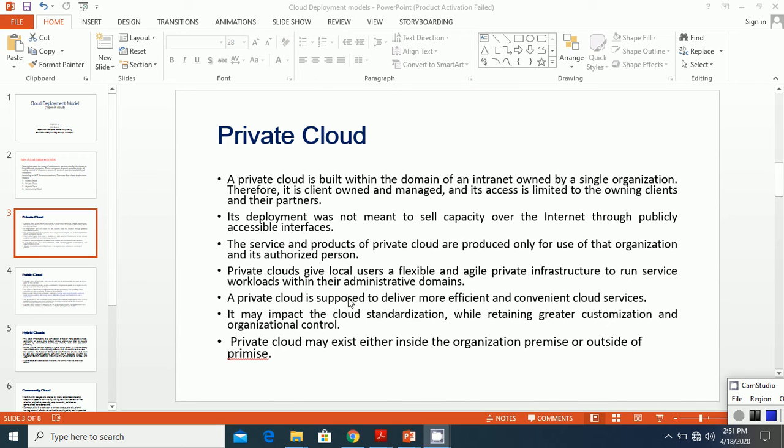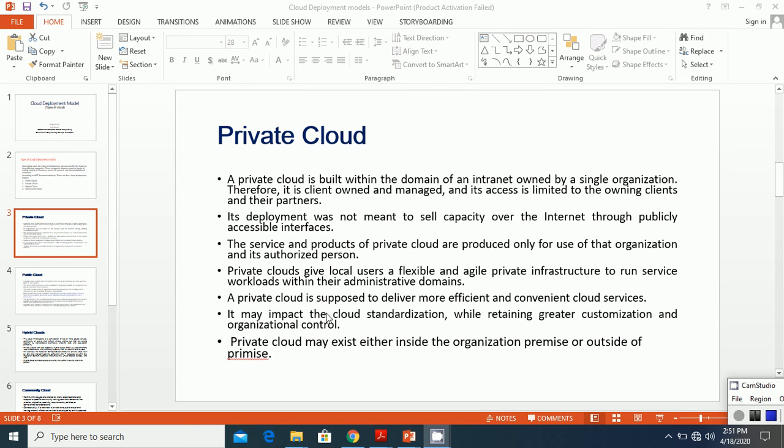Private clouds give local users a flexible and agile private infrastructure to run service workloads within their administrative domains. A private cloud is supposed to deliver more efficient and convenient cloud services. It may impact cloud standardization while retaining greater customization and organizational control.